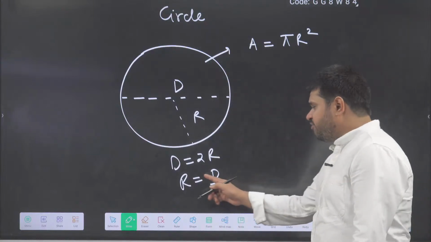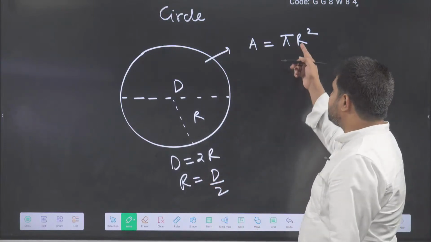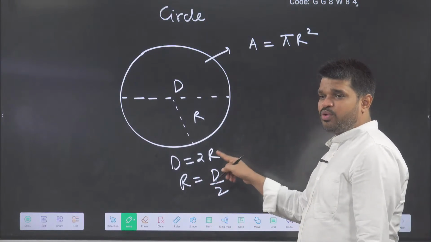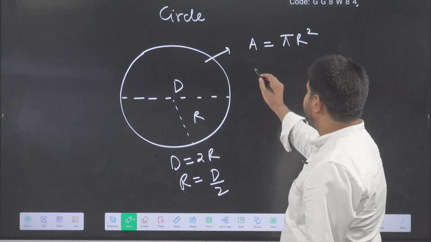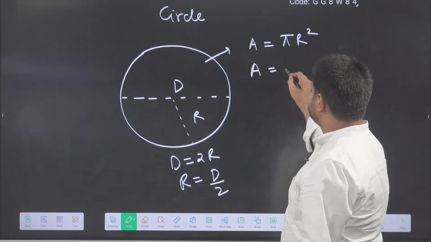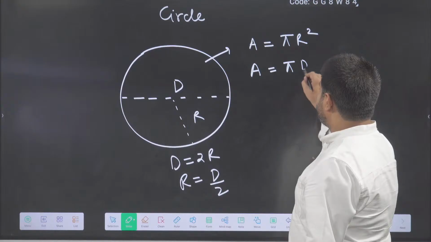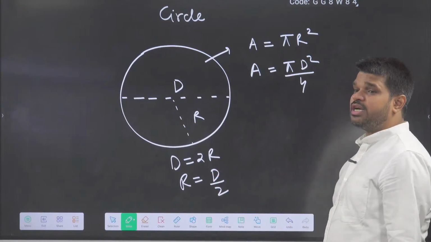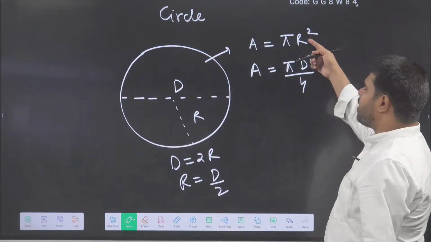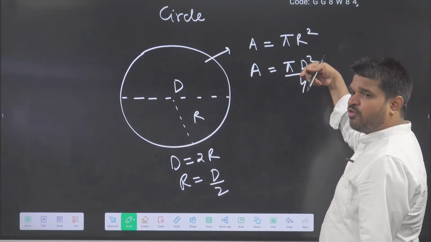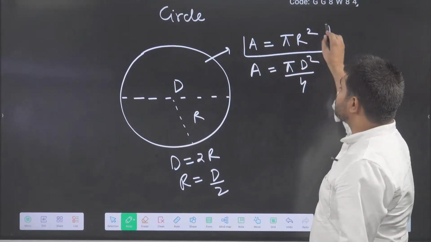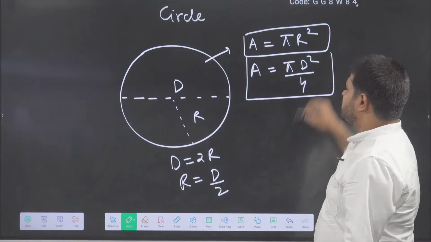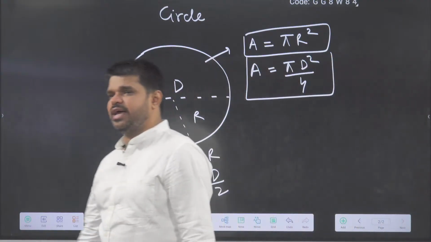Now, if I put radius as D by 2 here, then area will be pi D square by 4. In the place of R, substitute D by 2, so D by 2 square, D square by 4. So these are the formulas of area in terms of radius and diameter.